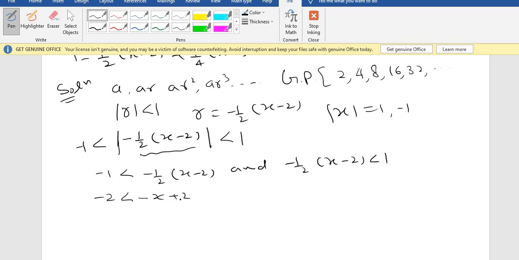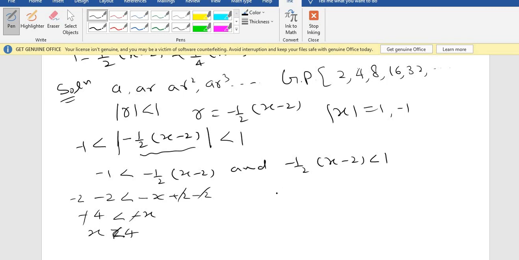Subtract 2 from both sides, so minus 4 is less than minus x. When you cancel this minus, the symbol changes, so x is less than 4.